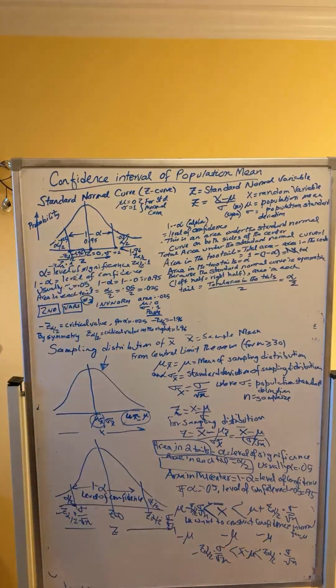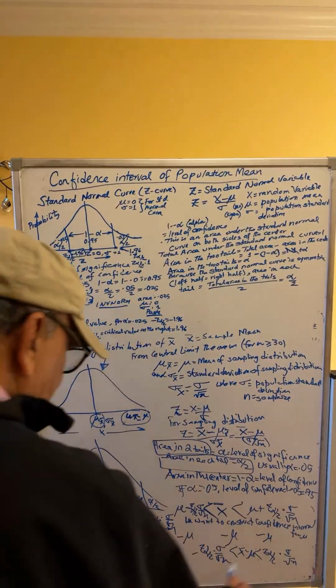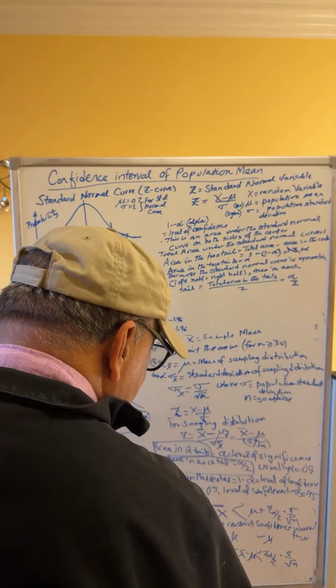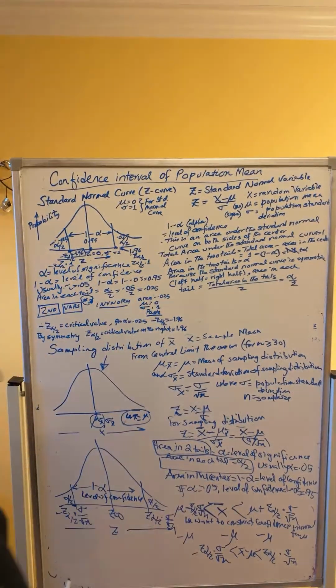Now we want to solve this inequality for mu. So how will we do that? We will subtract x bar on all sides.